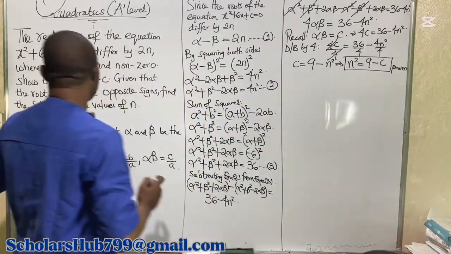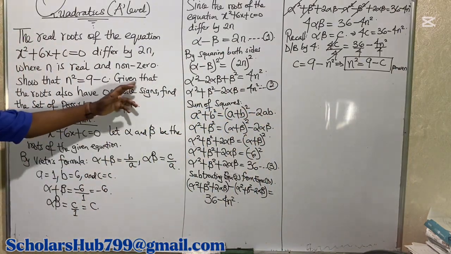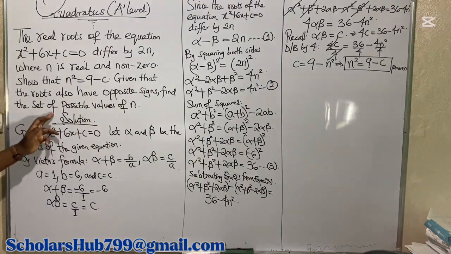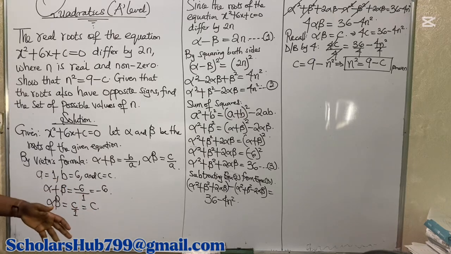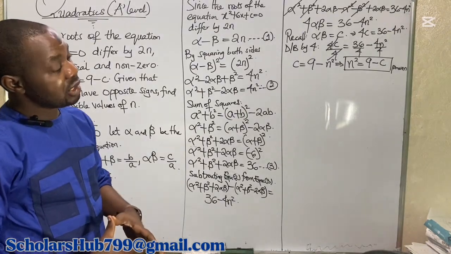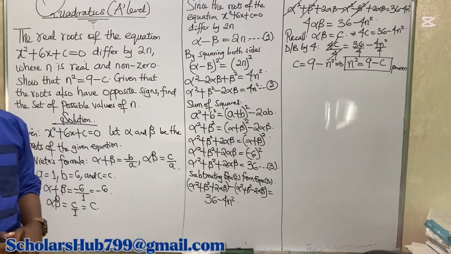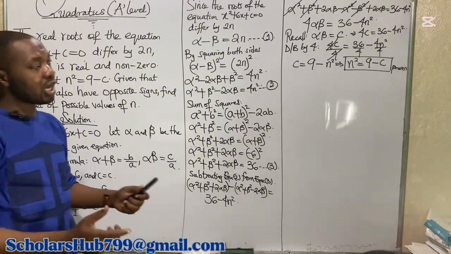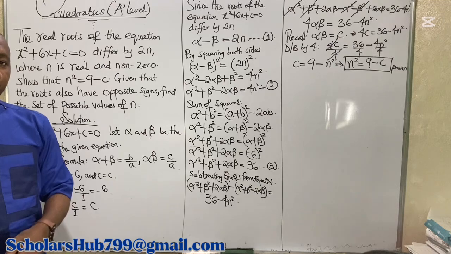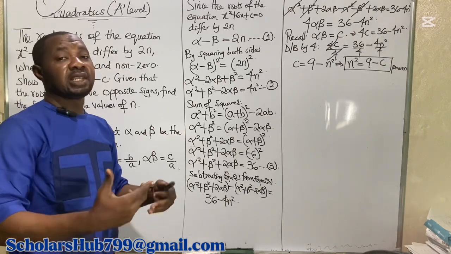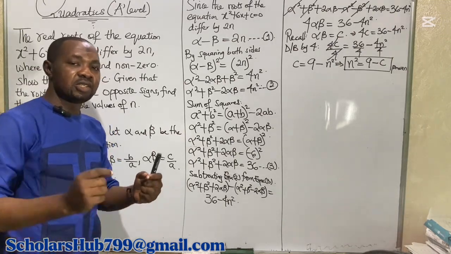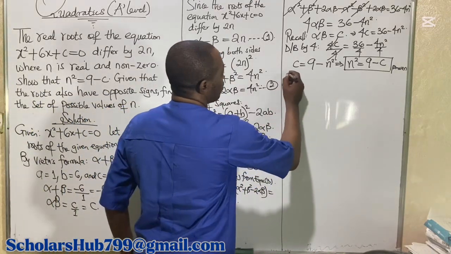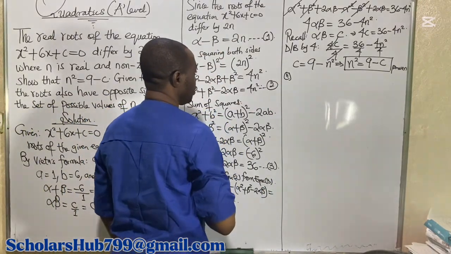Now the second question: further, given that the roots also have opposite signs, find the set of possible values of n. To find the set of possible values of n, we need to understand that the product of roots, which is alpha beta, equals c. Let me call this Roman numeral 2.